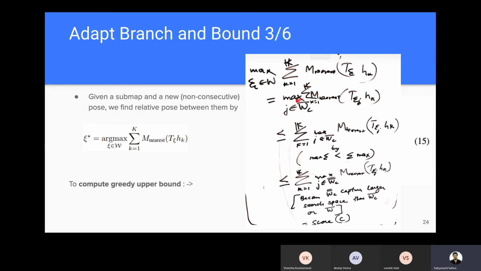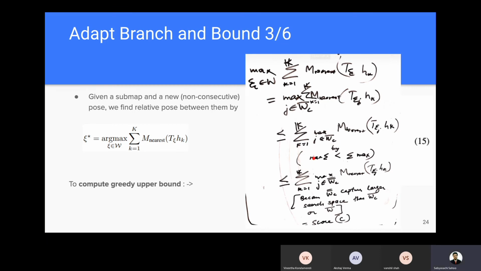In other words, if we were to find the maximum epsilon candidate, the argmax, that maximizes the value summed over different scan points, instead we first apply the max: what is the maximum value that each scan point can take, and then for all the second scan points, we sum that value.